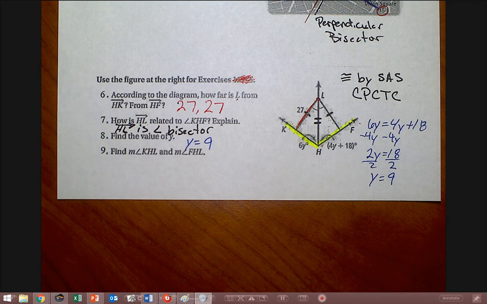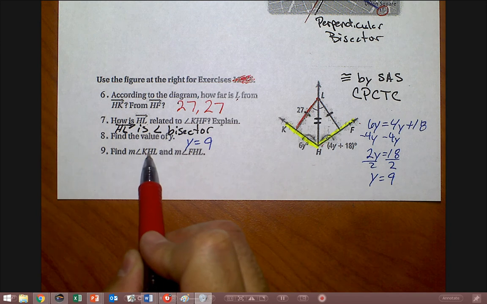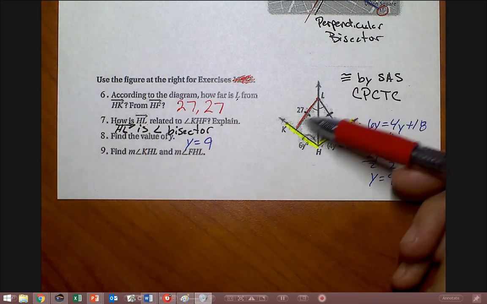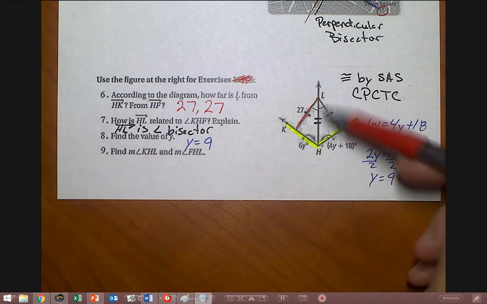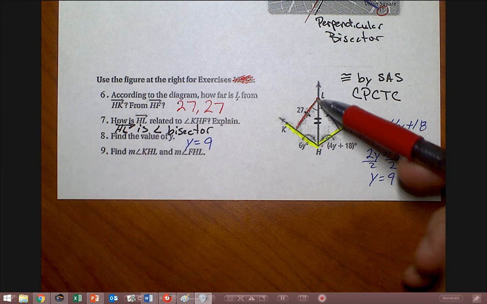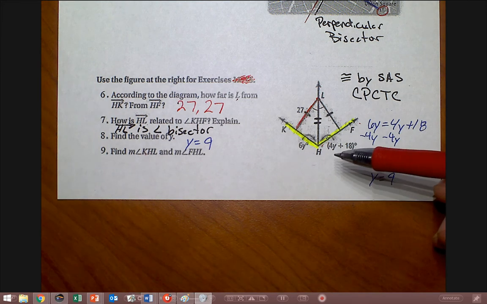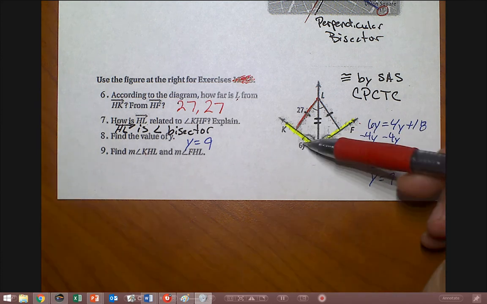Now find the measure of angle KHL. What would I do now if I'm looking for this? Just plug in 9 for y, right? Yes, very good.